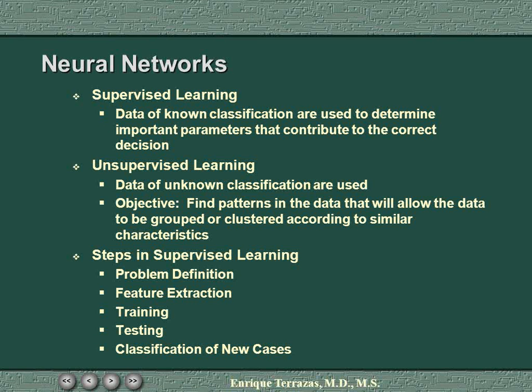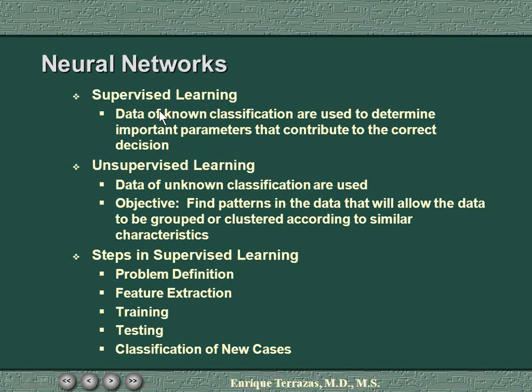So it allows you to gather disparate information into one place and decide, am I going to do something with that information? So why is that important? There's a few steps that are involved in neural networks.